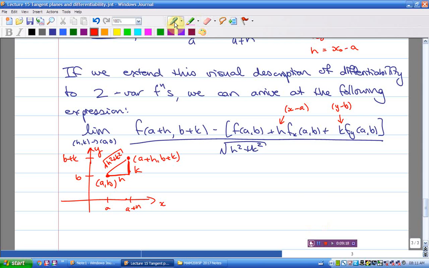Okay, so I spent a lot of time justifying that formula, but fundamentally that is a very important formula.